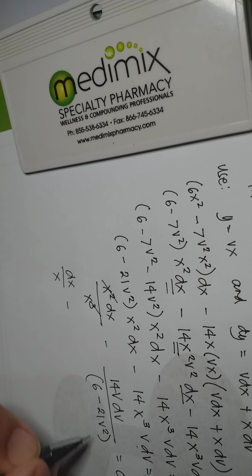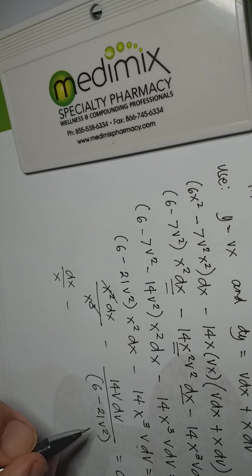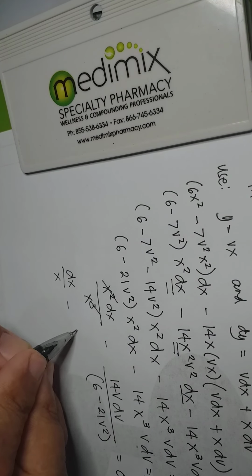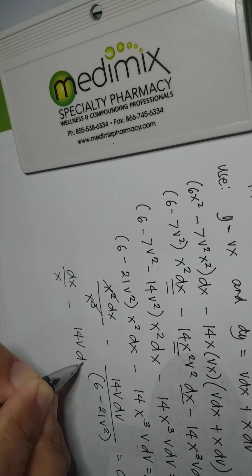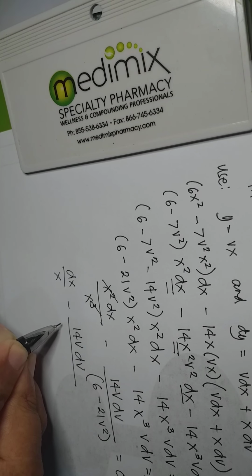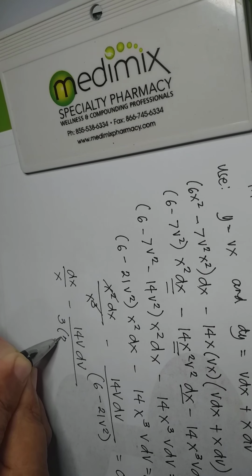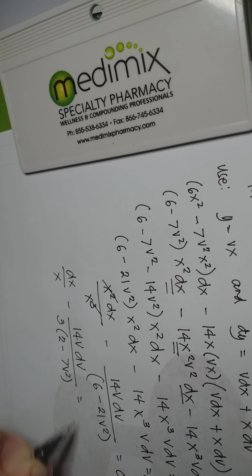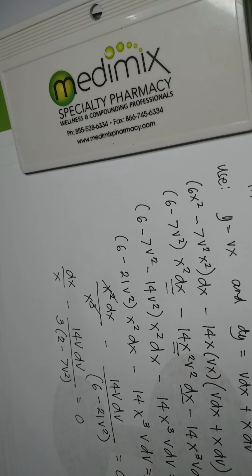We have here 21v squared. If you're going to use du over u, then we may factor out 3 in the denominator. So we have 14v dv over 3 times (2 minus 7v squared) is equal to 0.